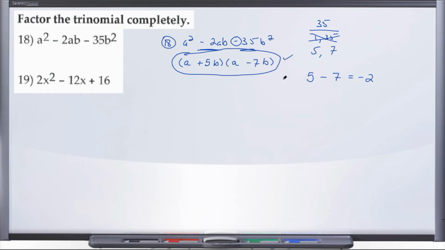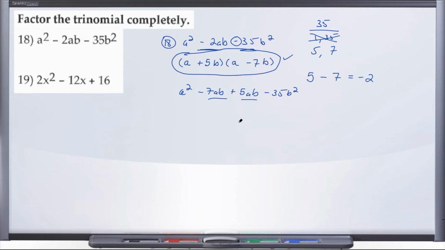And again, if on a test you weren't sure about this, you can FOIL this out and see what you get. A times A gives us A squared. A times -7B gives us -7AB. 5B times A gives us +5AB. And then 5B times -7B gives us -35B squared.